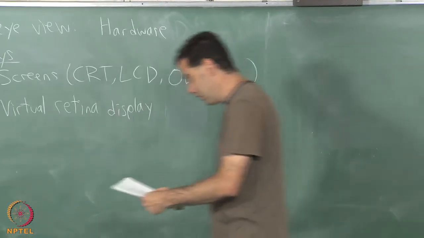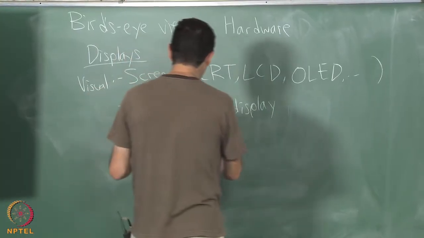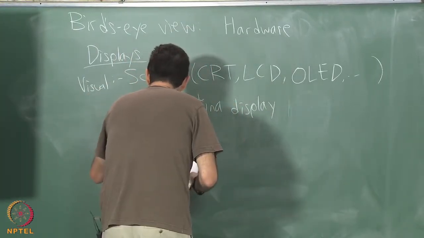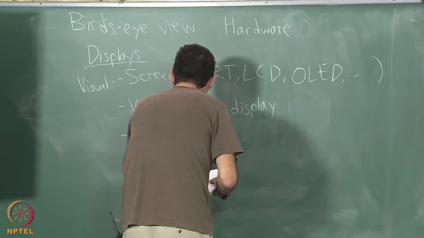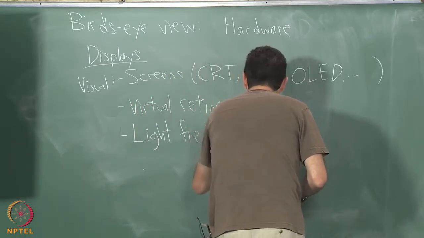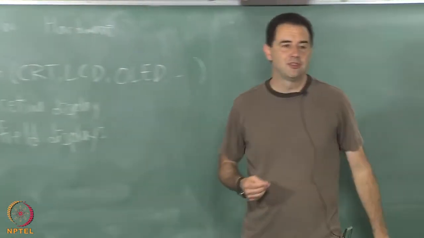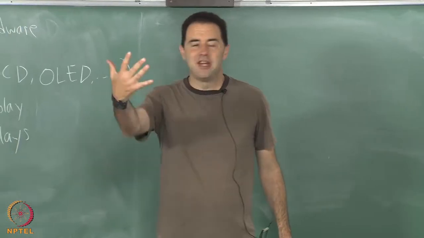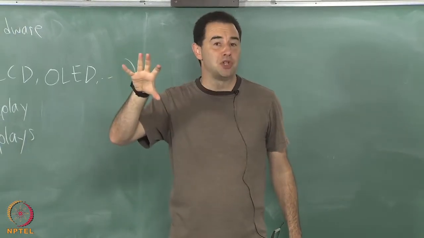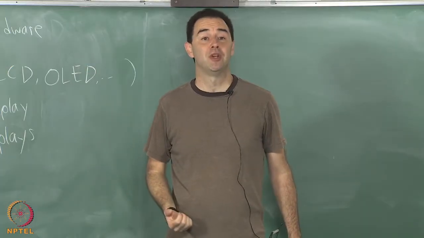So that's one possibility. There's also an interesting and exotic family of displays called light field displays. You can research these on your own. I will not cover these things. In this case, rather than presenting the information as a two-dimensional projection, they try to capture the entire field of light within a three-dimensional region.